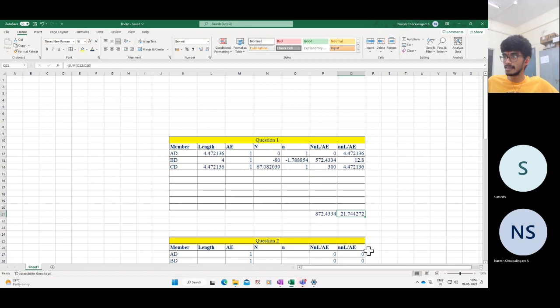So we get that the quantity is nothing but the summation of all this. And AE I have just taken as 1, but it doesn't matter because I'll tell you why.